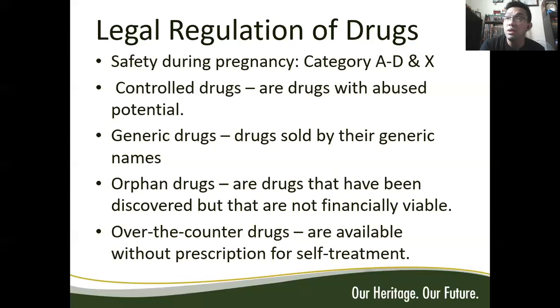Another term that you need to know is the over-the-counter drugs, or OTCs. These drugs are available without the prescription of the doctor and can be used for self-treatment, like paracetamol or mefenamic acid.